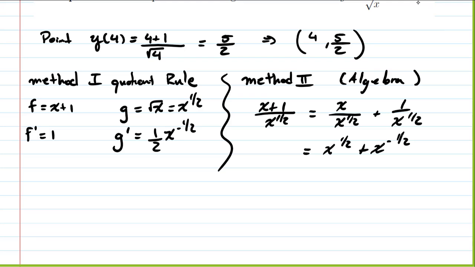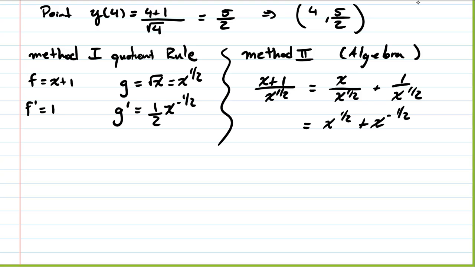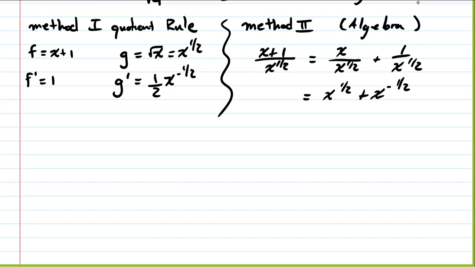So that's our algebraic simplification. I'm not going to pursue the quotient rule. You'll get the same answer at the end. You just work a lot harder, right? So we're going to do this.